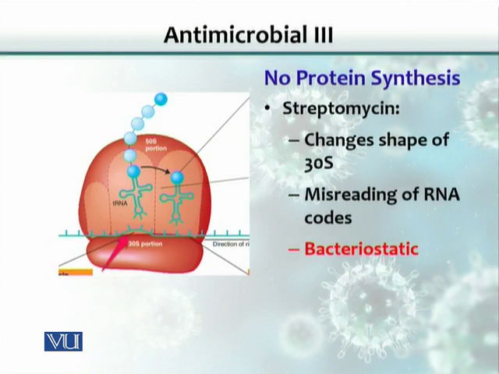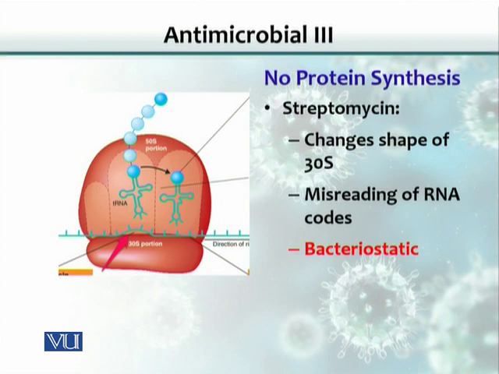Streptomycin is another example of a protein synthesis inhibitor. Streptomycin binds to the ribosomes where messenger RNA binds. It binds in a way that the message from the messenger RNA is misread by the ribosome, so it inserts a wrong amino acid there. When a wrong amino acid is inserted into the growing chain of the protein, it gets mutated, and a mutated protein is of no use.